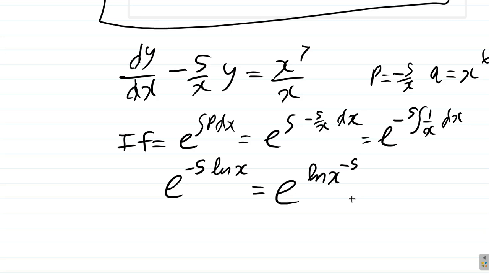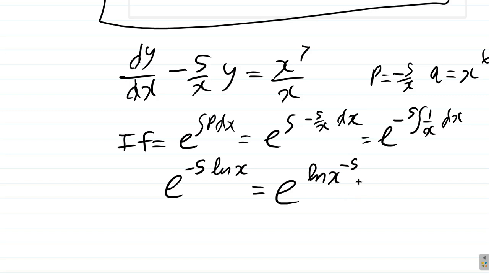Now, remember, when you have e to the power of ln something, that something will remain undisturbed, and e raised to the power of ln, those cancel each other out. It's just like square root and square cancel each other out, right?